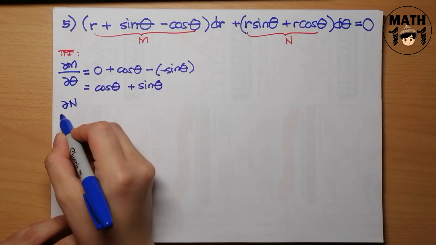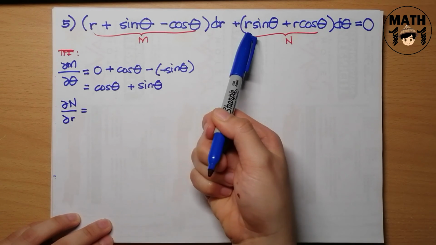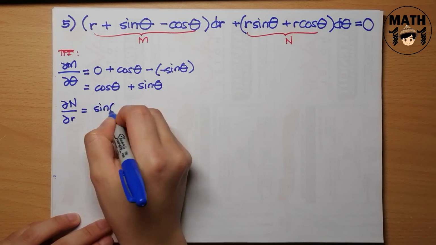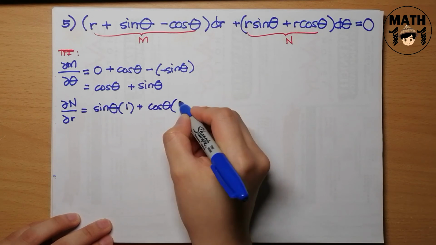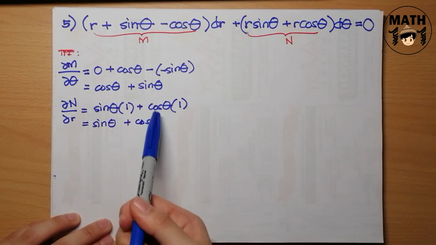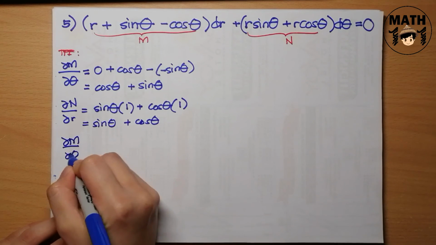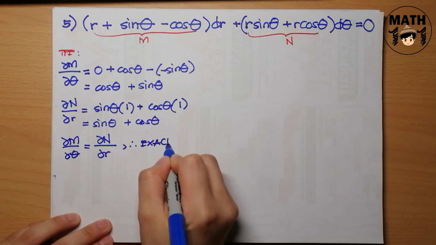Next, take the partial derivative of n with respect kay r, kasi kasama siya ni d theta. So, sine theta is taken as constant, derivative ni r is 1, plus cosine theta taken as constant, derivative ni r is 1. Sine theta plus cosine theta. We can see that these are equal. Therefore, our differential equation is exact.